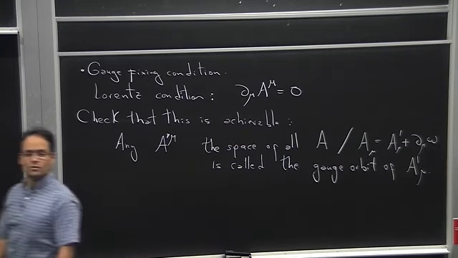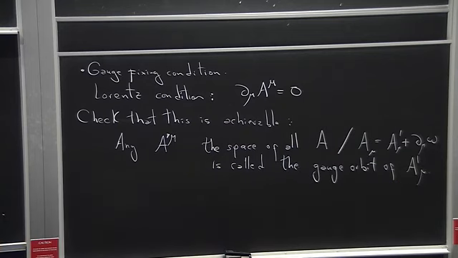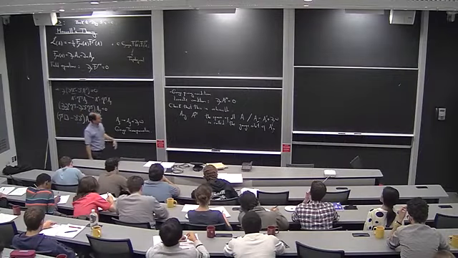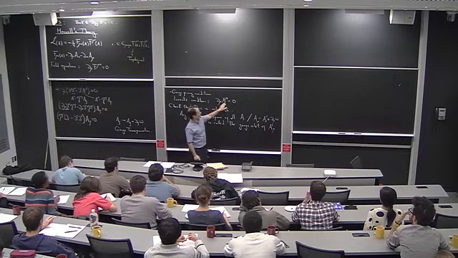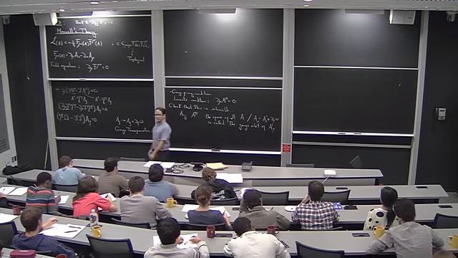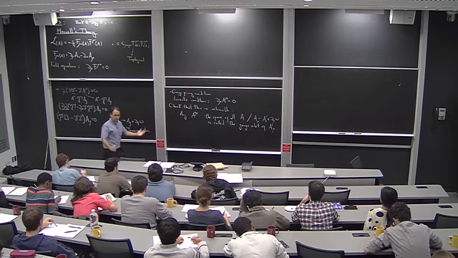Okay, so we want to know whether there is somebody in the gauge orbit of A prime such that this condition is satisfied. If that's always possible, then we're in business.